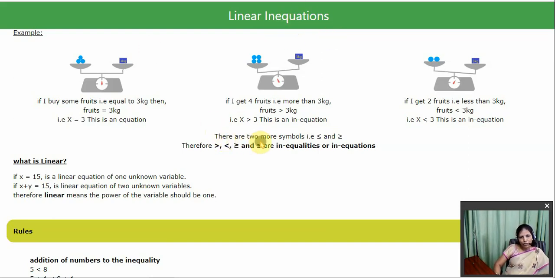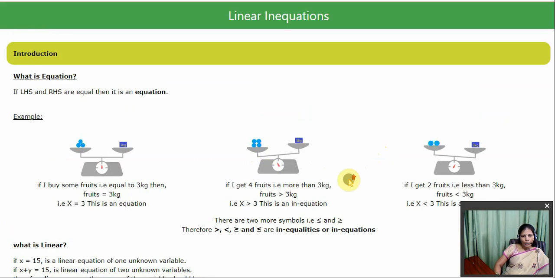So here there are two more symbols apart from these, that is less than or equal to and greater than or equal to. So these 4 symbols, greater than, less than, greater than or equal to, less than or equal to, are inequalities or inequations. Right? I hope you understood what is an equation and inequation.